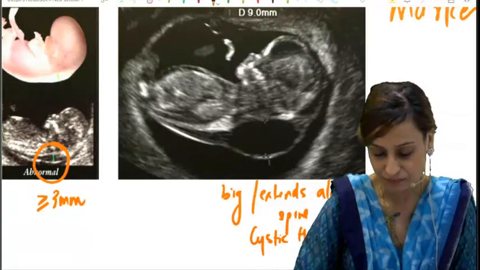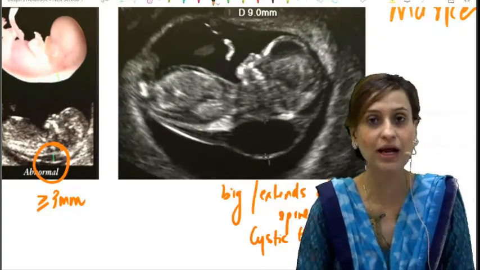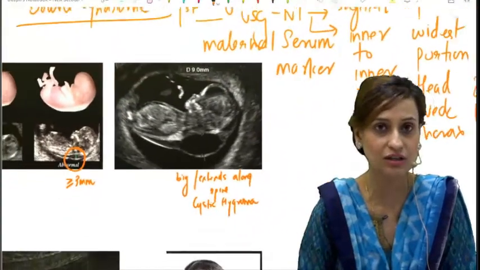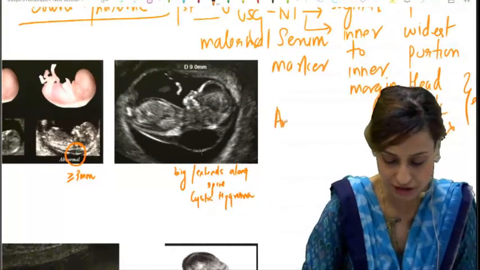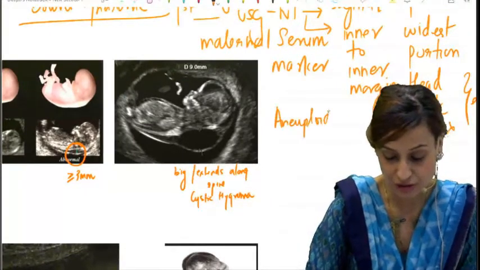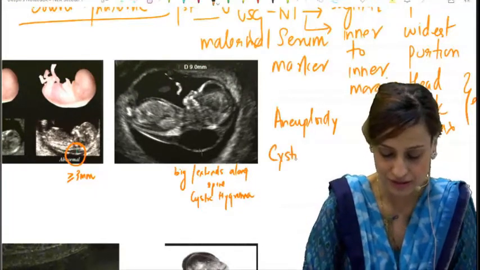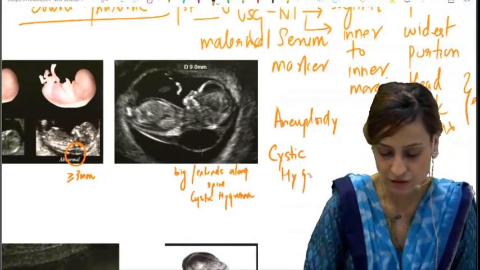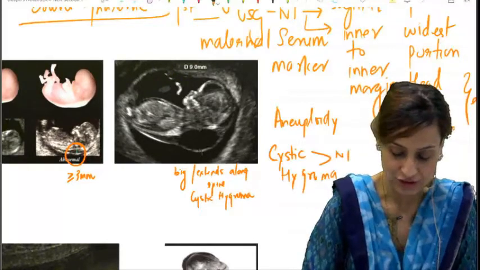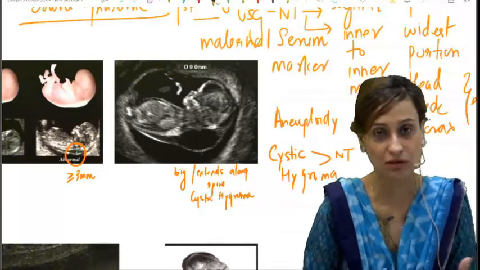Remember that both cystic hygroma and nuchal translucency are markers for aneuploidy, but the risk of aneuploidy is higher with cystic hygroma than with NT.